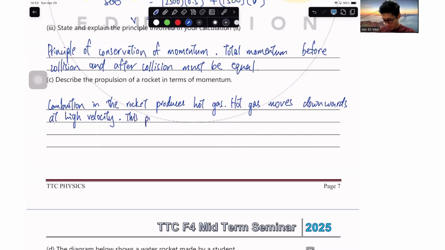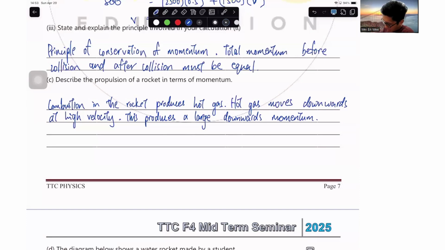This produces a large downward momentum. Okay? This produces a large downwards momentum.